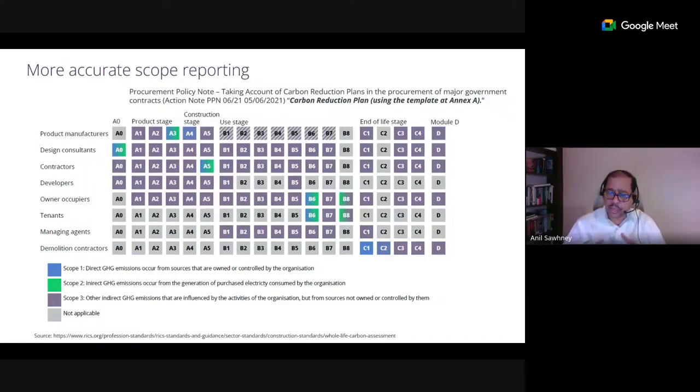But as things are becoming more defined, you may be asked, you are a developer, you own 100 properties, you will have to go and do an assessment of each one of those assets, do a WLCA, but then how do you combine all these and submit your report at the company level? This chart could possibly help.